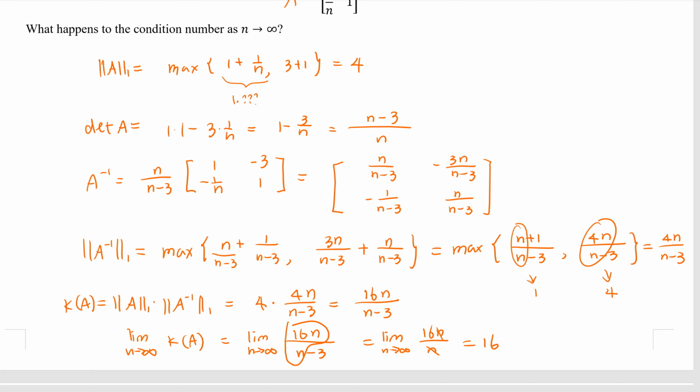So far, so good, everybody. And 16 is not large, okay? Compared to our last example, we have 10,000. Now we only have 16. So A is not ill conditioned.